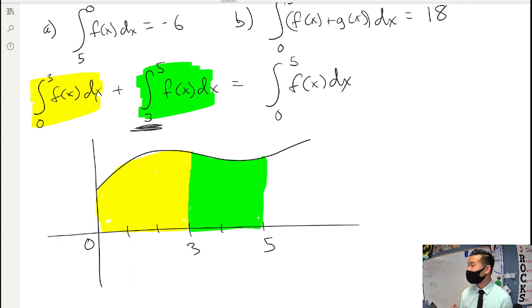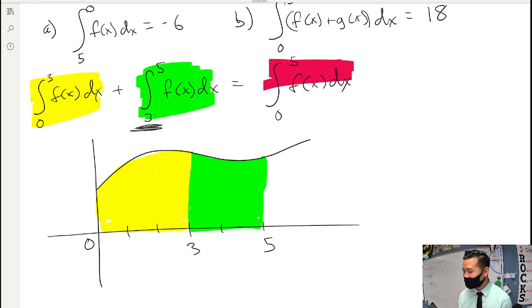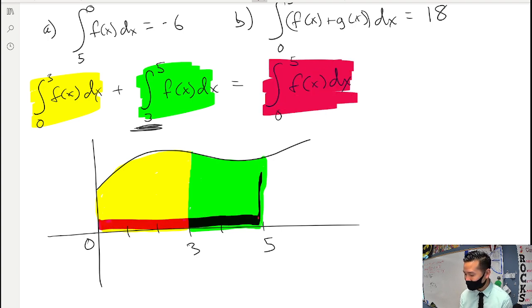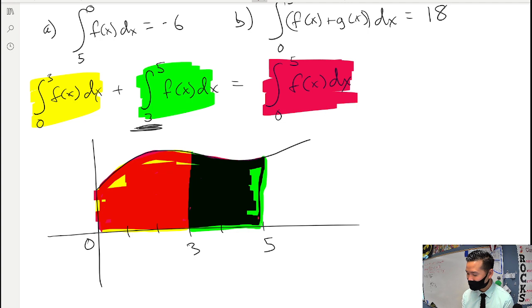Now, what's this last one? That's everything, all the way from here all the way to here.